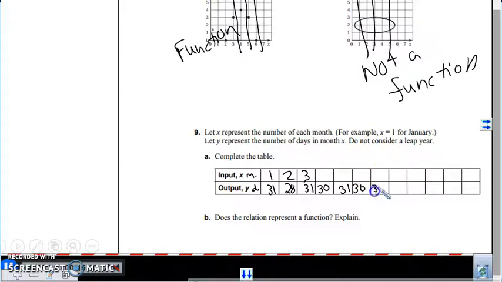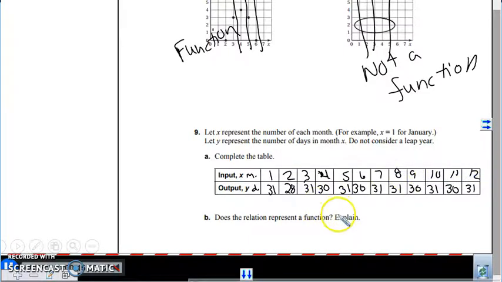July has 31. August has 31. September has 30. October has 31. November has 30. And December has 31. 4, 5, 6, 7, 8, 9, 10.